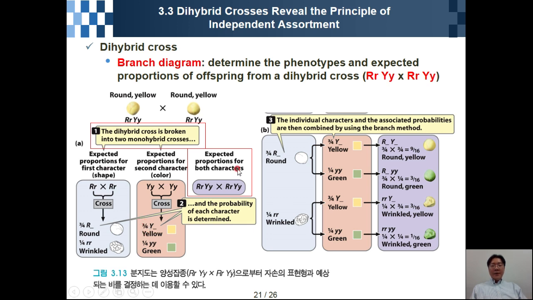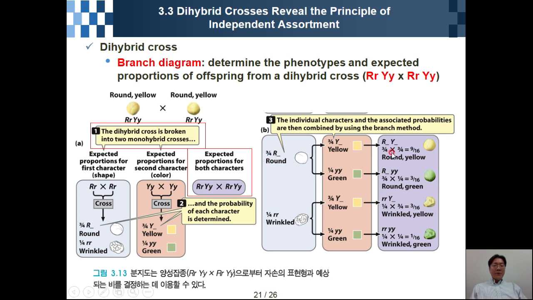Okay, and now we will calculate the expected proportion for both characters. In this case, this calculation can go to here, and this calculation can go to here and here. After that, we can predict it like this.